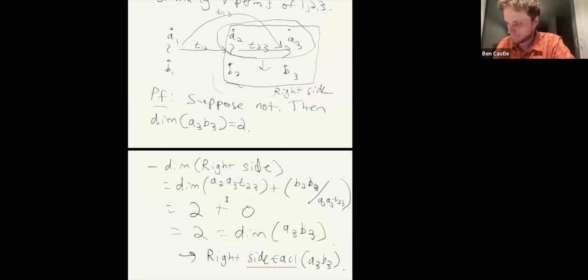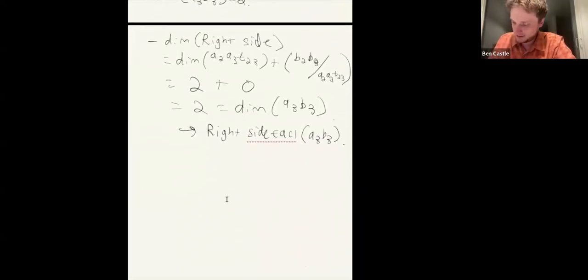Okay? Now, by similar reasoning, same argument, using the 1 to 3 part instead of the 2 to 3 part.